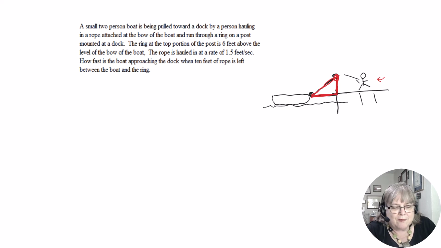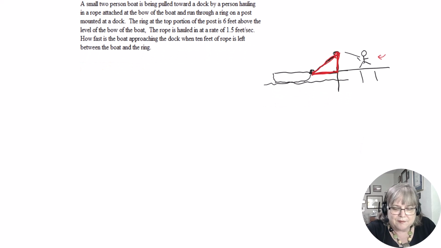The ring at the top portion of the post is 6 feet above the level of the bow of the boat. Okay, so this vertical height is 6 feet.